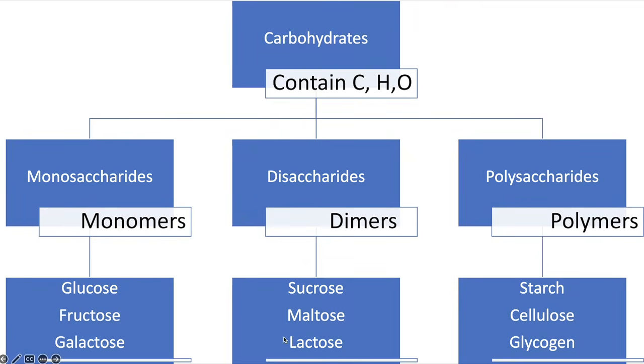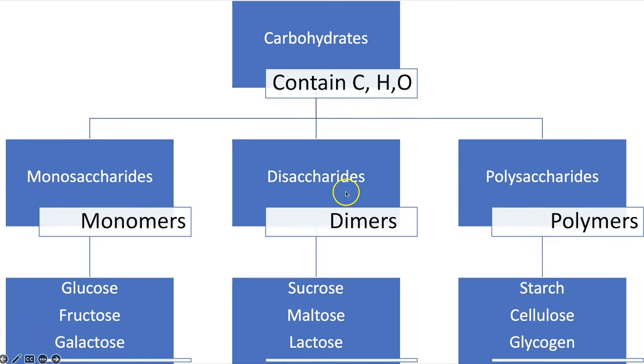So if we have a look at the carbohydrates first of all, carbohydrates are made up of carbon, hydrogen and oxygen, and they can be categorised into monosaccharides, disaccharides and polysaccharides. Mono means one, saccharide means sugar. So a monosaccharide is the monomer, that's when you just have one sugar unit.